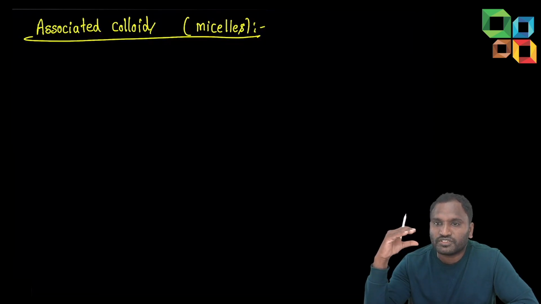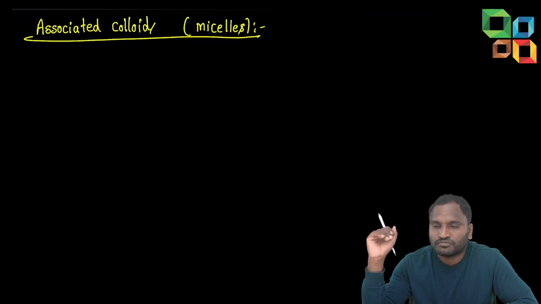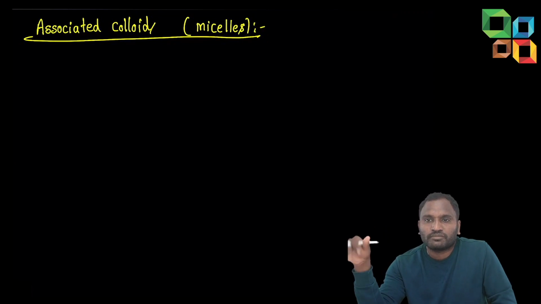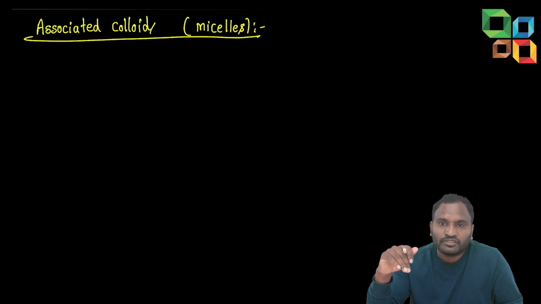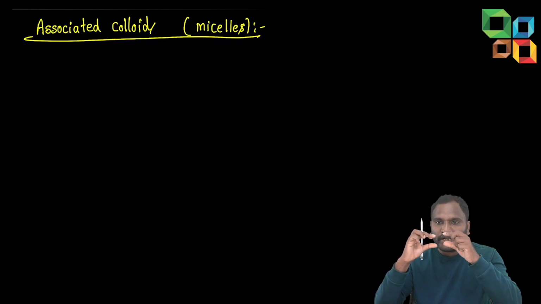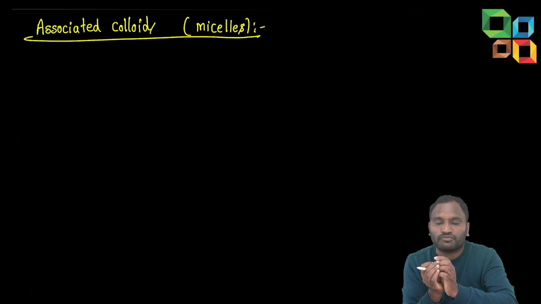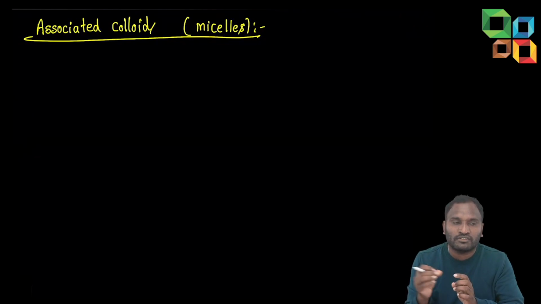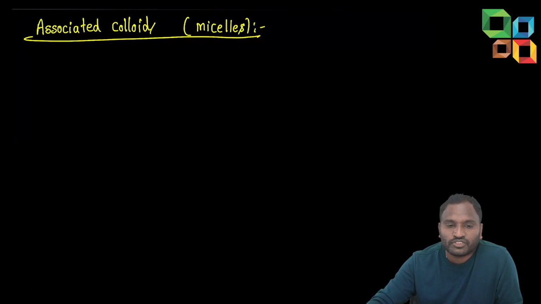There are some solutions that at low concentration behave as electrolytes. At high concentration they behave like colloids. Electrolytes means which can ionize into ions and pass electricity. At low concentration they behave like electrolytes. At higher concentration they join together instead of splitting. They form aggregates, and those aggregates form colloidal range particles. Those are called associated colloids.